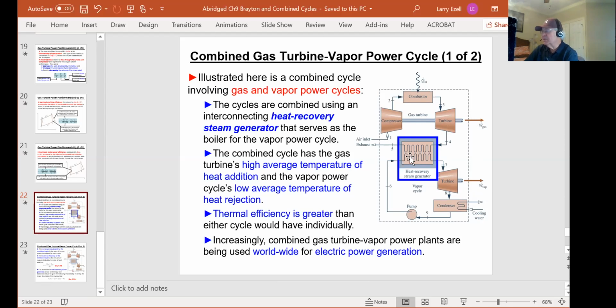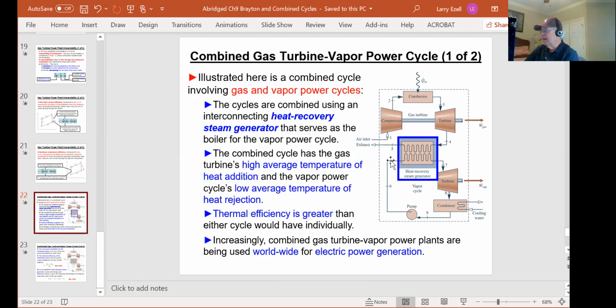That's just from the physics of how much heat's available here and how much heat is needed by the turbine. So let's say the gas turbine puts out 100 megawatts. You need about 50 megawatts to drive the compressor, so you have 50 megawatts left to go to your generator. If you're outputting 50 megawatts here, you'll be outputting about 25 or so megawatts here. So that gives you 75 total megawatts.